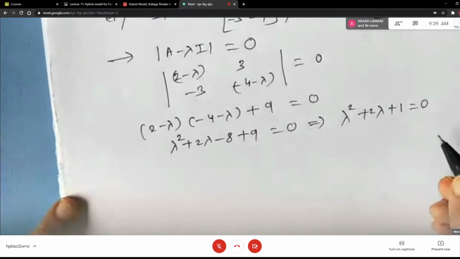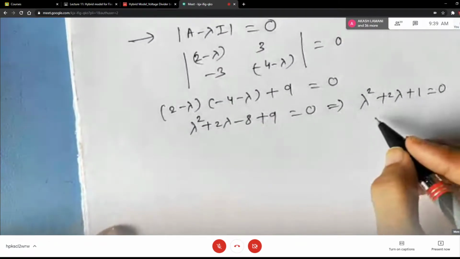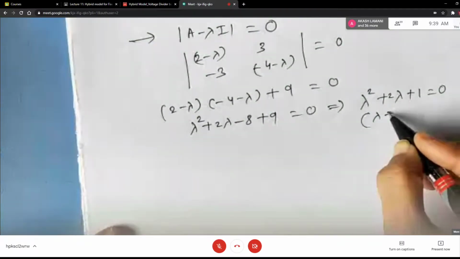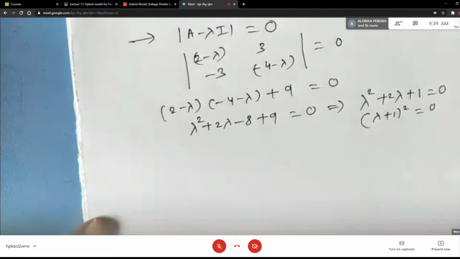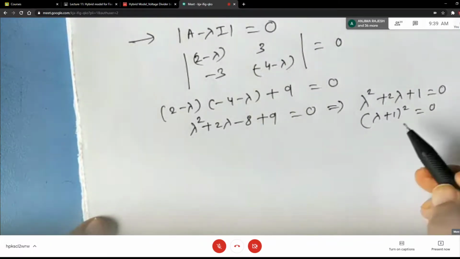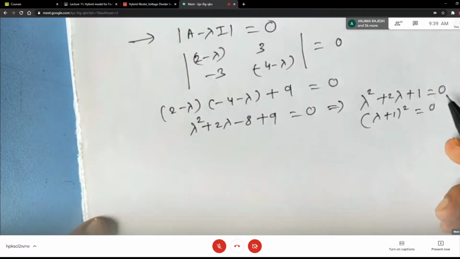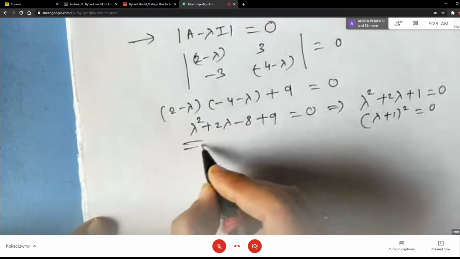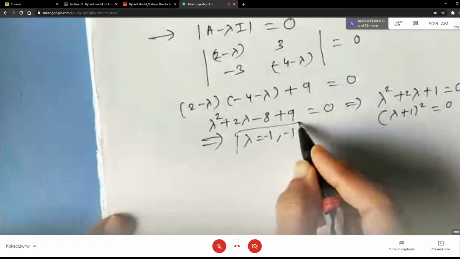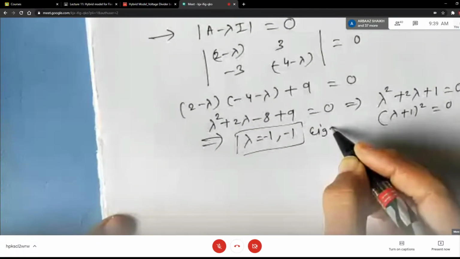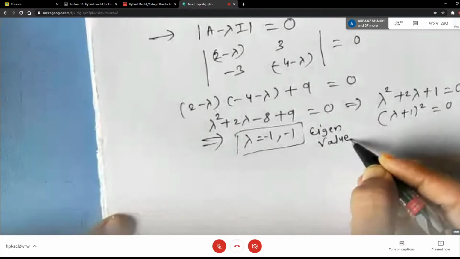Correct? And what is this, students? No need to use a calculator because this is a complete square, isn't it? A plus b the whole square is A square plus 2ab plus b square. So this is lambda square plus 2 lambda plus 1 square is 1. And you are getting two values of lambda here, which are minus 1 and minus 1. And these are your eigenvalues.